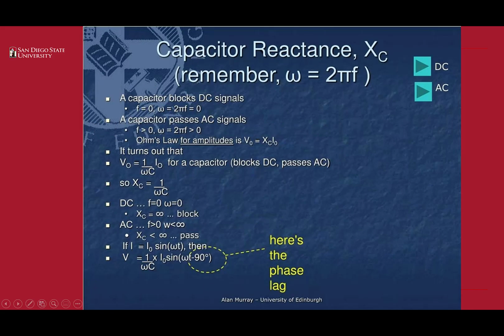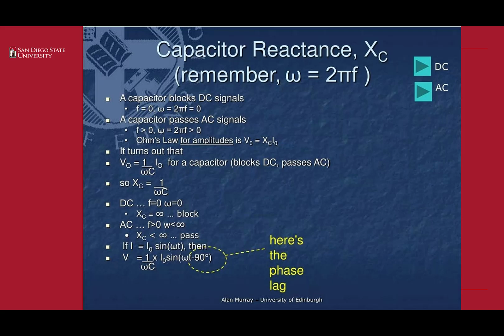Let's dive deeper into more details and look at the capacitor reactance XC. And do not forget the angular frequency omega is equal to 2 pi f, where f is the regular frequency. A capacitor blocks DC signals, where f equals 0. So when the frequency is 0, we get a DC signal with no alternation.